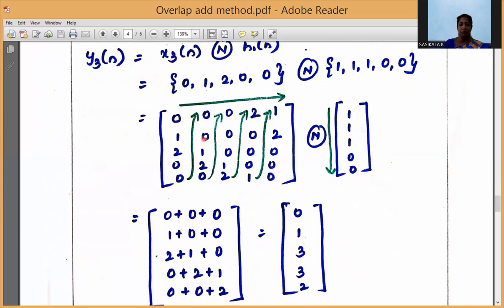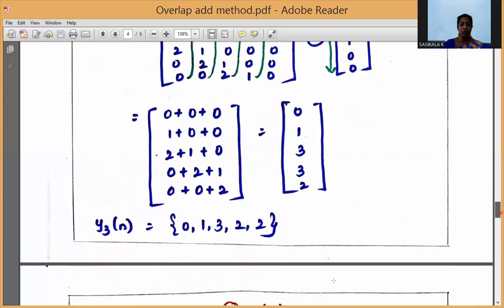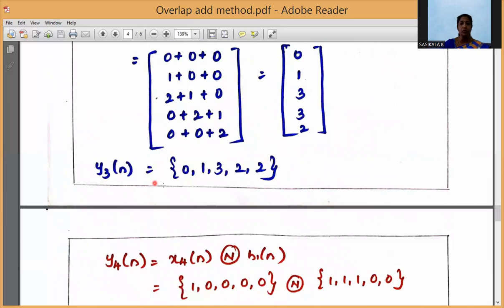Second row 1 into 1 plus 0 into 1 plus 0 into 1. Third row 2 into 1 plus 1 into 1 plus 0 into 1. And fourth row 0 into 1 plus 2 into 1 plus 1 into 1. Okay, and fifth row 0 into 1 plus 0 into 1 plus 2 into 1. So I have got 0, 1, 3, 3, 2. So y3 of n is equal to 0, 1, 3, 2, 2.